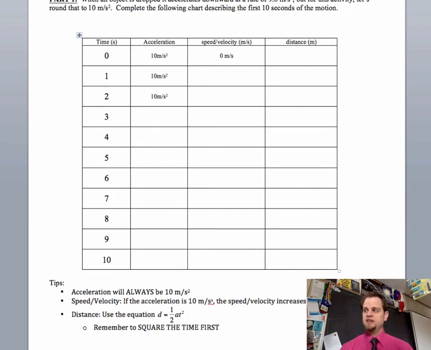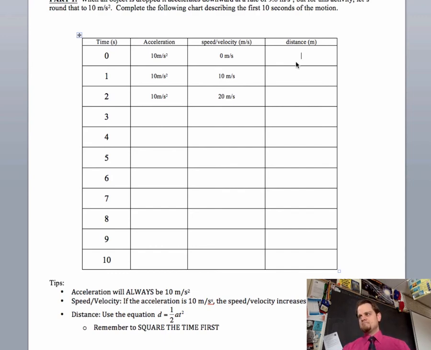So we know that it's getting 10 meters per second faster every second, which means this would now be 10 meters per second. Then 2 seconds after 0, so 1 more second later, it's now 10 meters per second higher. It's 20 meters per second. Okay? And that just keeps going all the way down.